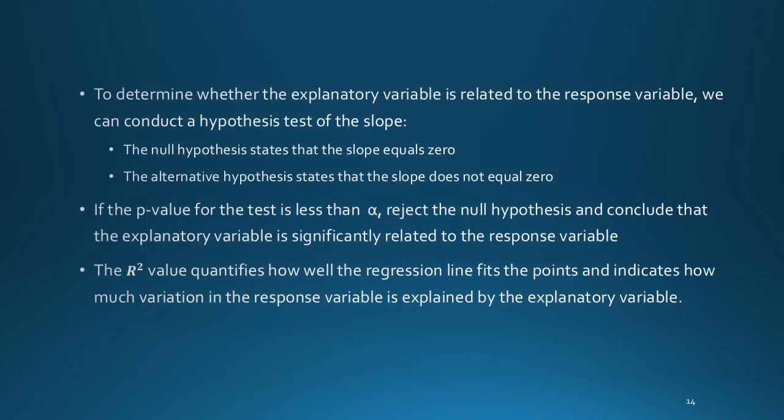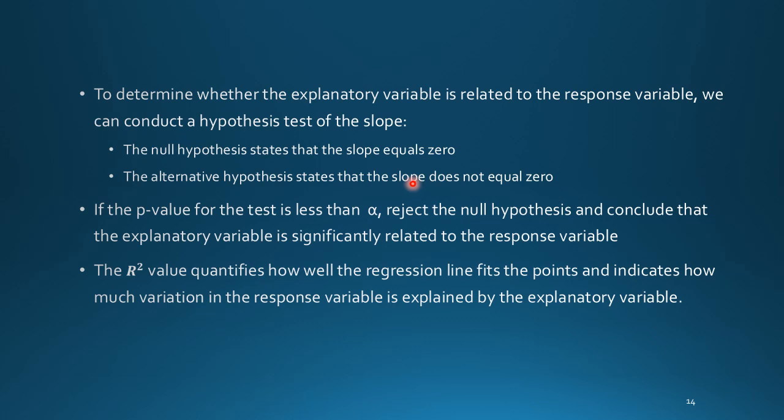So let's review. Remember that to determine whether the explanatory variable is related to the response variable, we can conduct a hypothesis test of the slope. The null hypothesis states that the slope equals 0. The alternative hypothesis states that the slope does not equal 0.